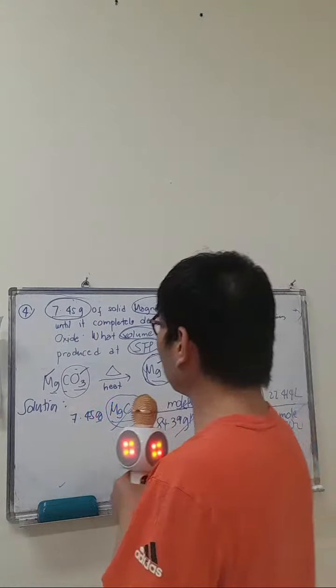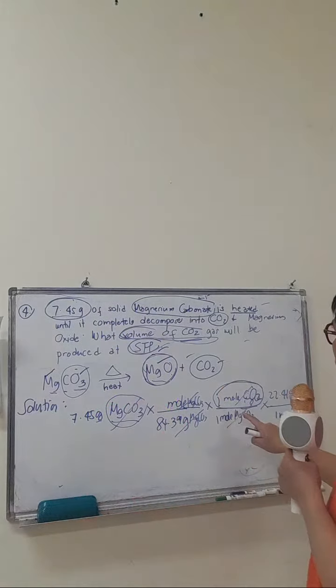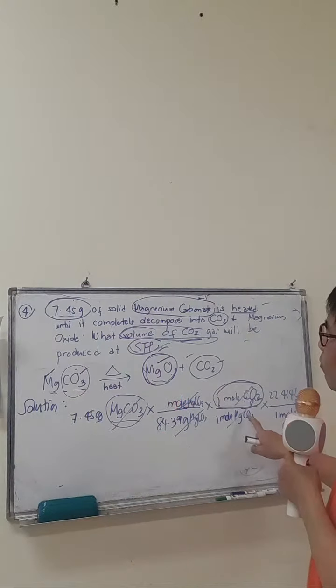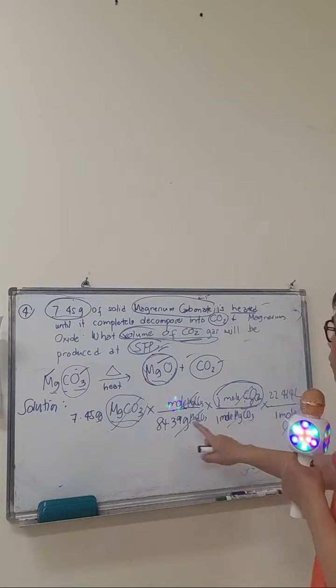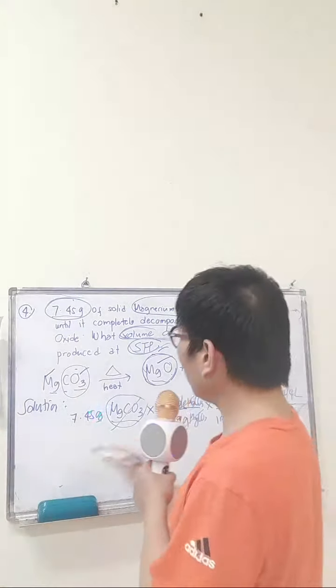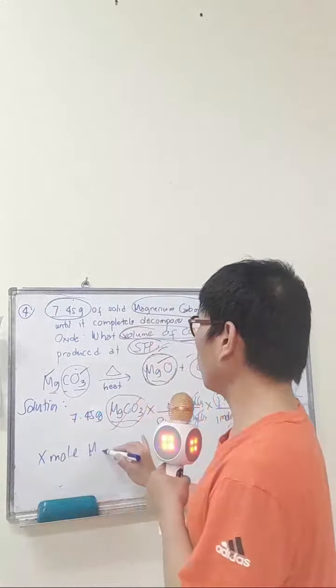So for example, we change this to 1 mole of magnesium carbonate, and then you consider the molecular weight of magnesium carbonate, right? Say, X moles of magnesium carbonate.